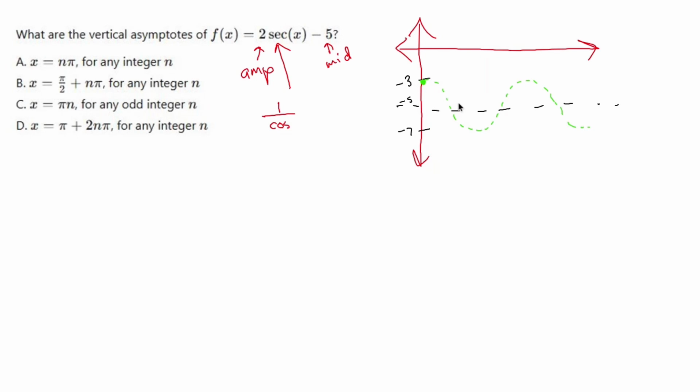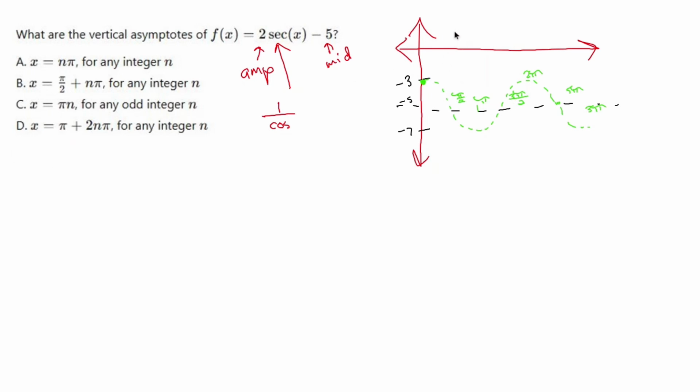It goes through the midline at pi over 2, bottoms out at pi, goes through the midline at 3 pi over 2, peaks out at 2 pi, hits the midline at 5 pi over 2, bottoms out at 3 pi, yada, yada, yada.